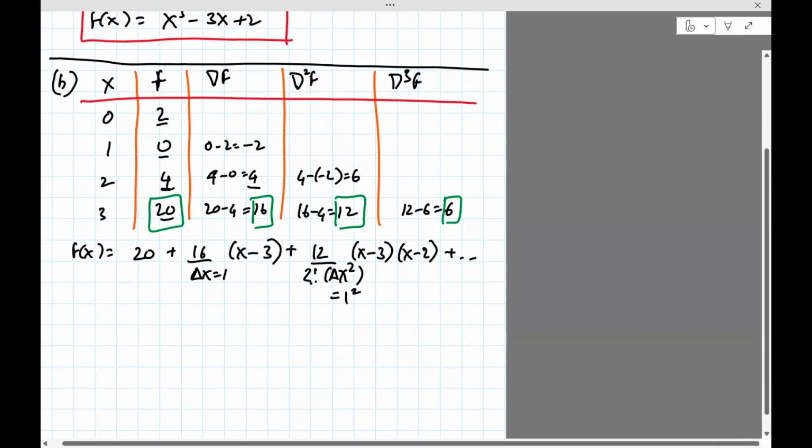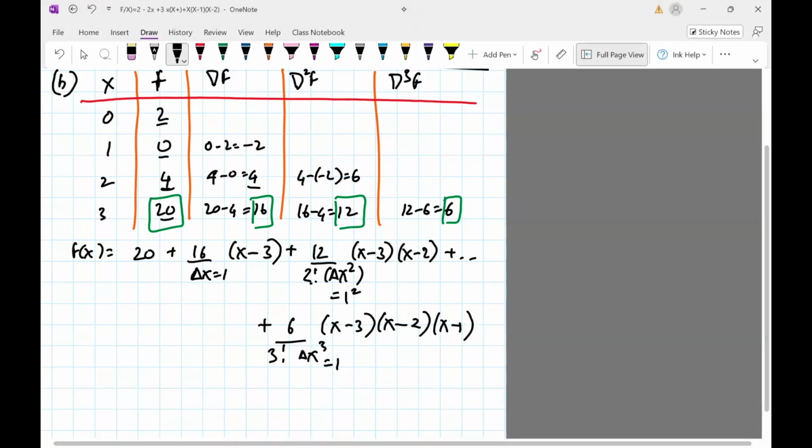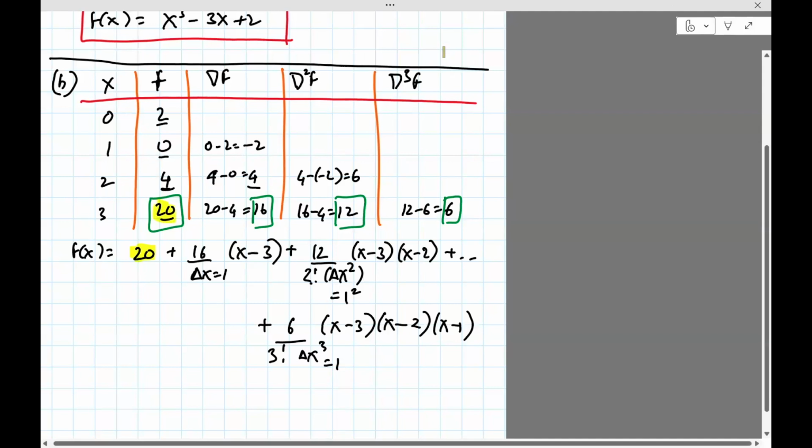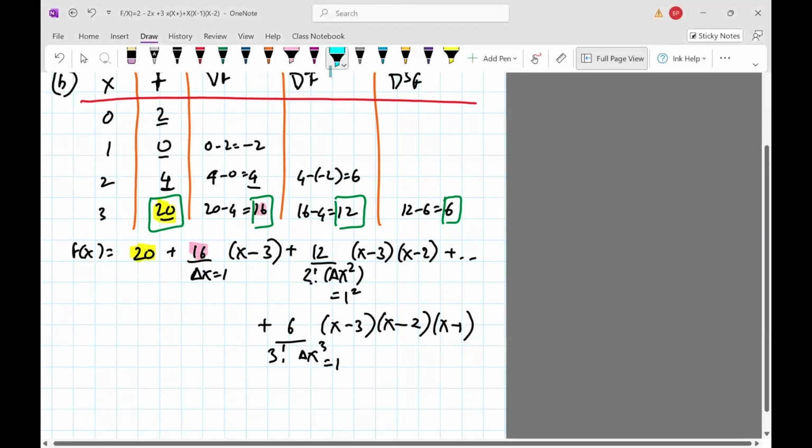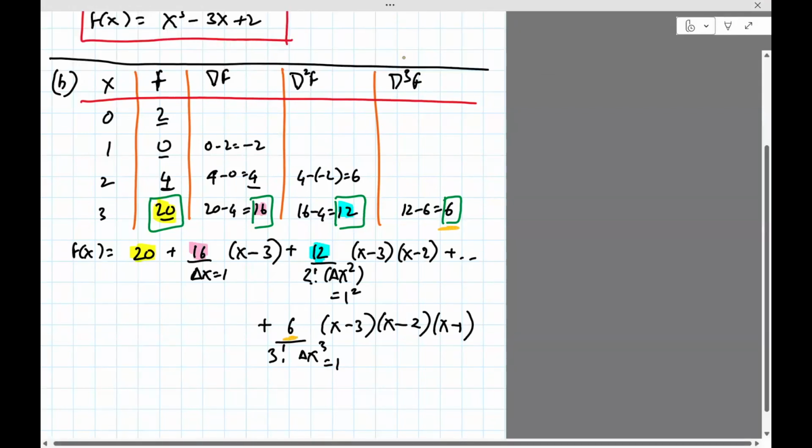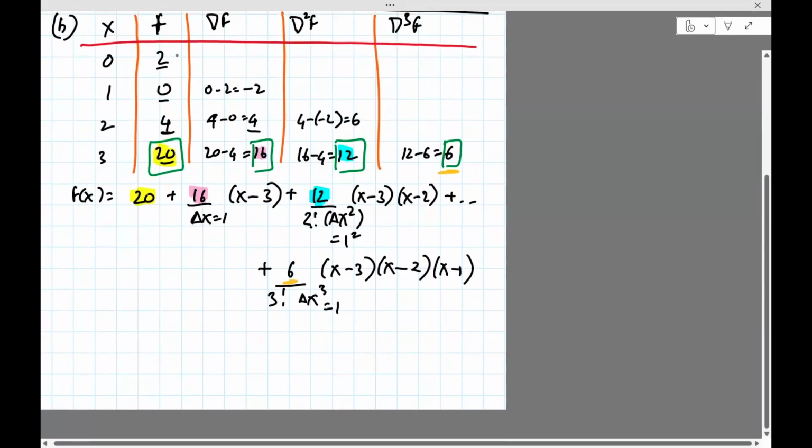Okay, I need to continue this, plus 6. 6 divided by 3 factorial delta x cube, which is pretty much 1. And then we have x minus xn minus 1, so 2, x minus 1. So this 20 comes from here, this 16 comes from here, this 12 comes from here, and this 6 is this 6.